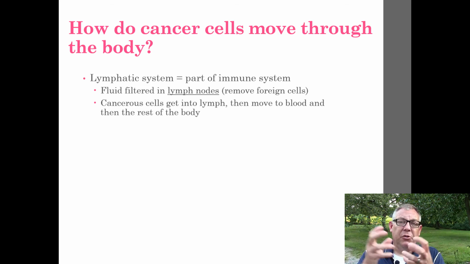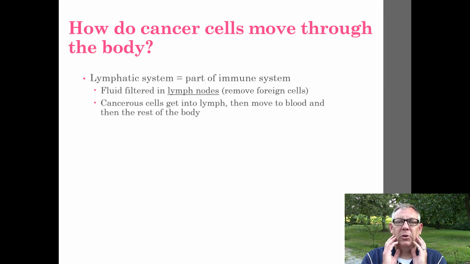But it's that filtering of the lymph that helps with the immune system. Those lymph nodes are where that lymph gets filtered, and that helps to remove cellular debris or foreign substances, right? That's part of your immune system.